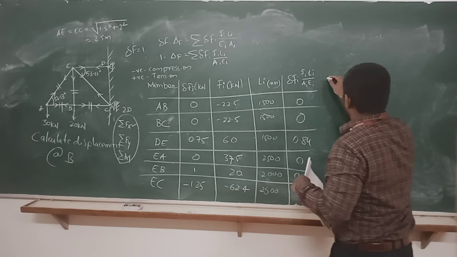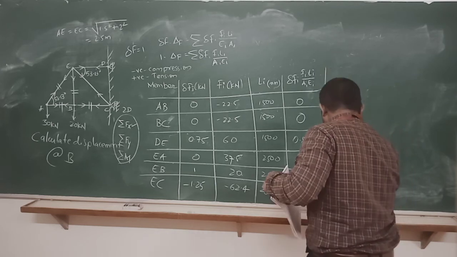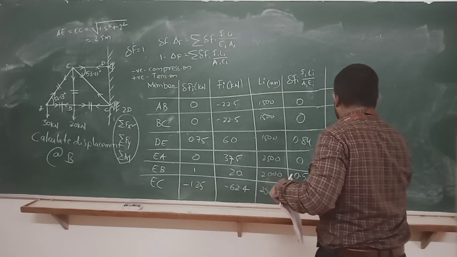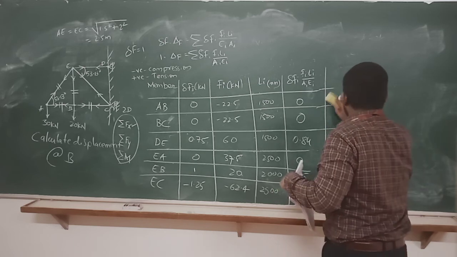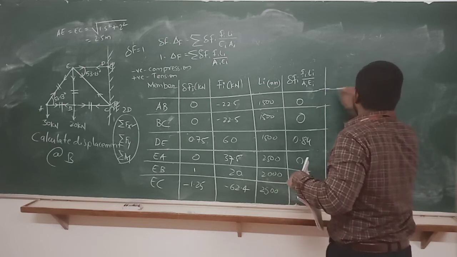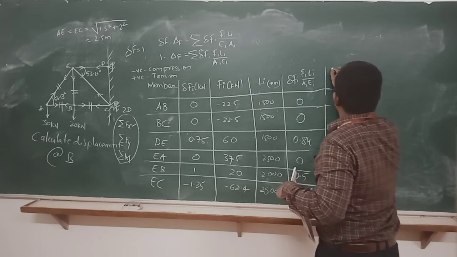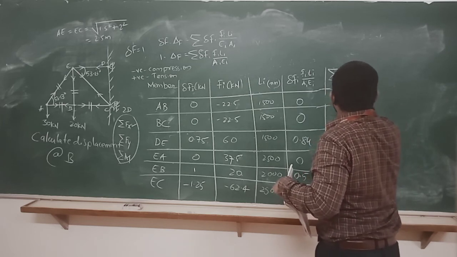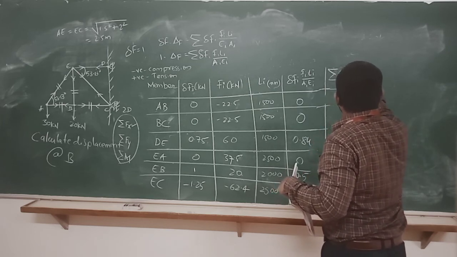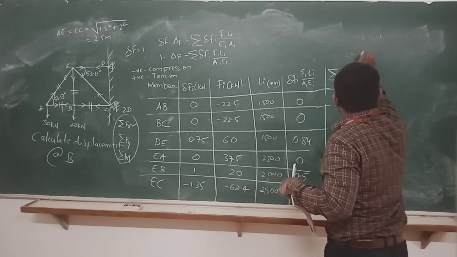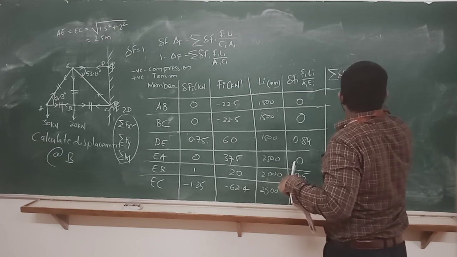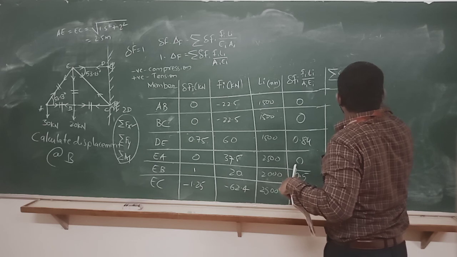Now if I take one more column here, in this only you can add if you want. Don't write this full table, I will add this summation of del Fi into Fi Li divided by Ai Ei.